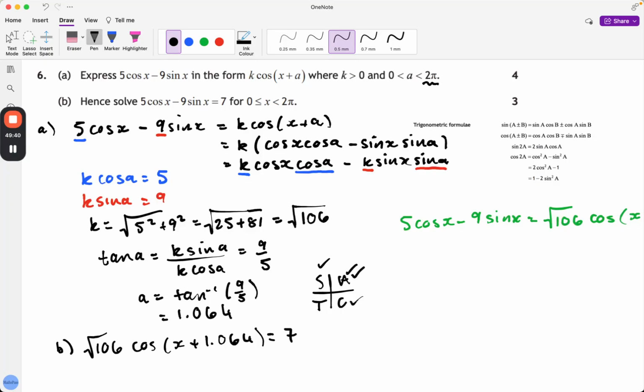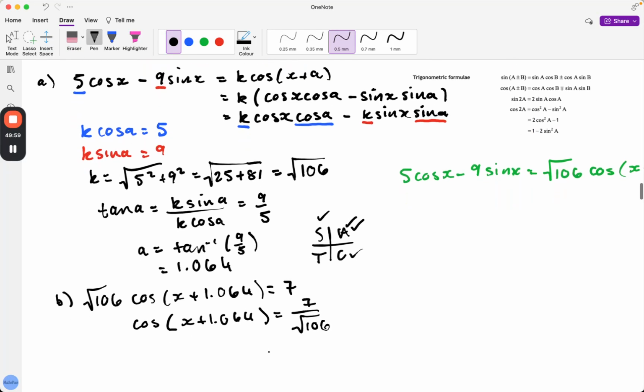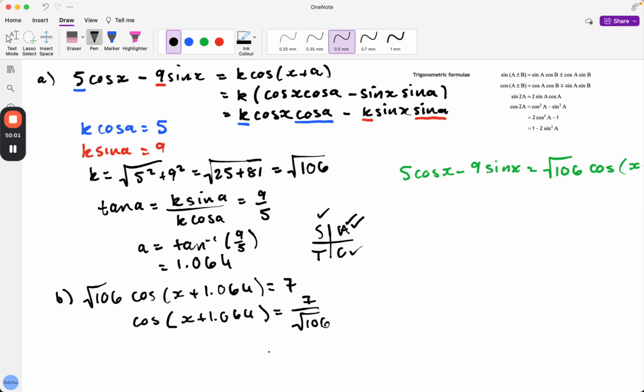So the first thing you want to do is divide both sides by root 106, because that just gives you cos on the left hand side. So if we do that, we get cos of x plus 1.064 equal to 7 over root 106. The next thing you want to do is take your cos inverse of both sides.